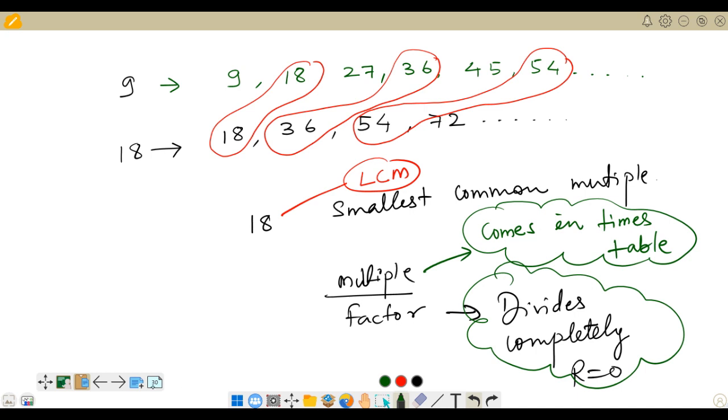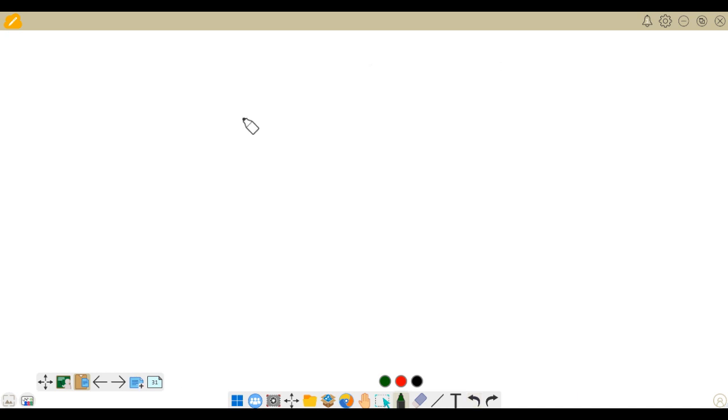We have the example of 9 and 18. Which number can completely divide both of the numbers?